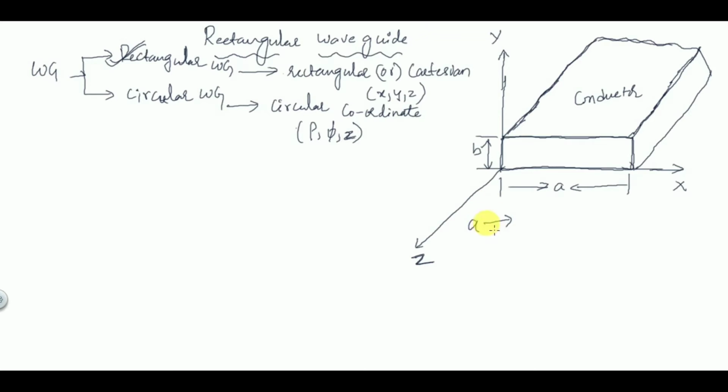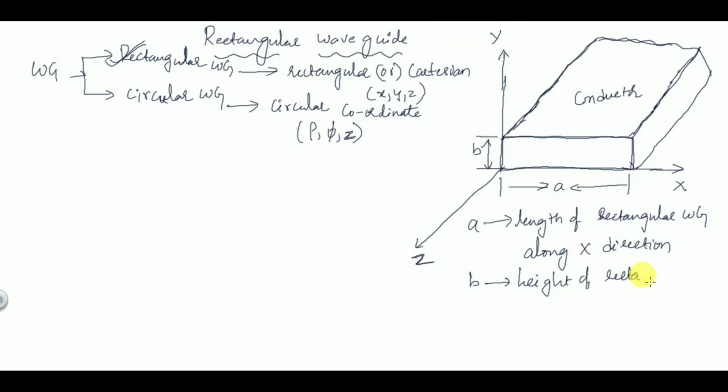A is the length of the rectangular waveguide along x direction, and B represents the height of the rectangular waveguide along y direction. Very important, because when you are learning the characteristics of waveguide, we'll use A and B. Just remember these 2 points.